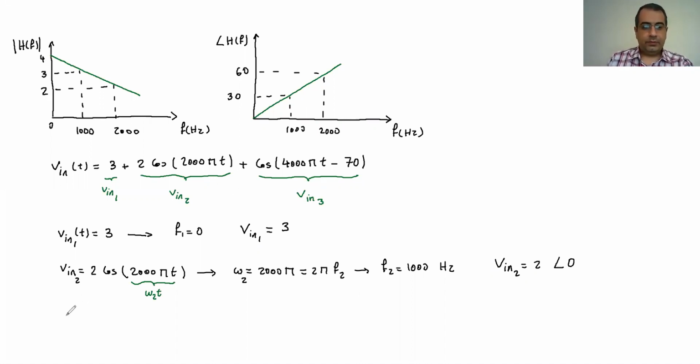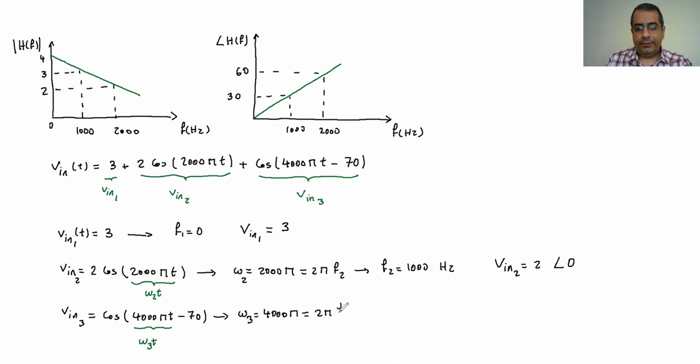Then we have the third one, V in 3. Its amplitude is 1, and it's cosine(4000 pi t minus 70). Again, we know this is the omega 3 t, so omega 3 is 4000 pi, which is equal to 2 pi f3.